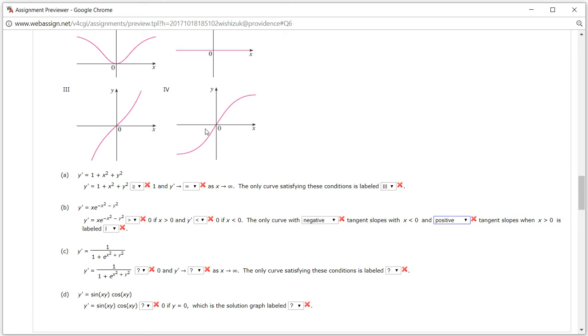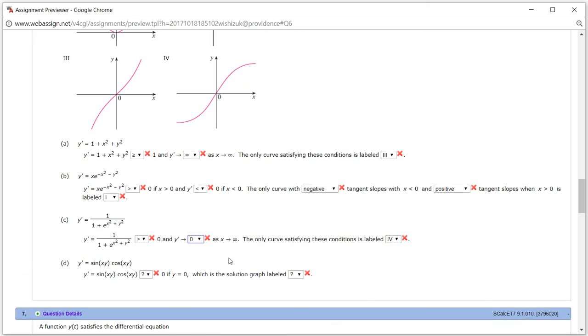So the picture we're looking at is number 4. The justification is that this is greater than 0, and as x approaches infinity, the derivative approaches 0. So that's part C.